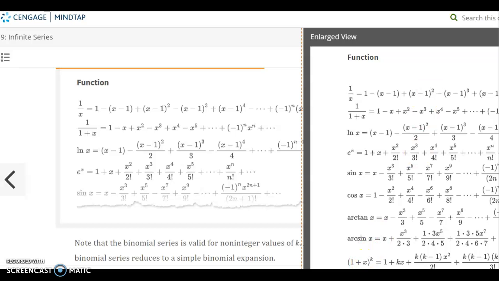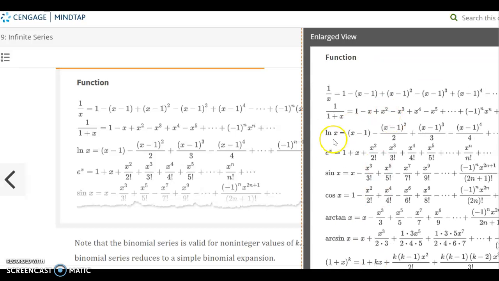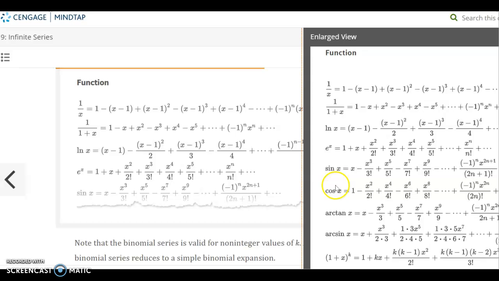These should look familiar because you've been working with them, right? You've got the natural log, e to the x, 1 over x plus 1, 1 over x, sine and cosine, definitely. These three are really common. Also, the 1 over 1 plus x you've seen a lot. So a lot of times, instead of redoing these altogether, we say, okay, I know what the power series is for e to the x. It's this, right? And I can just use that if I'm dealing with some kind of transformation of that.